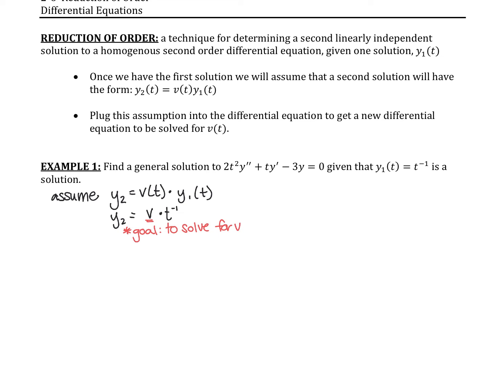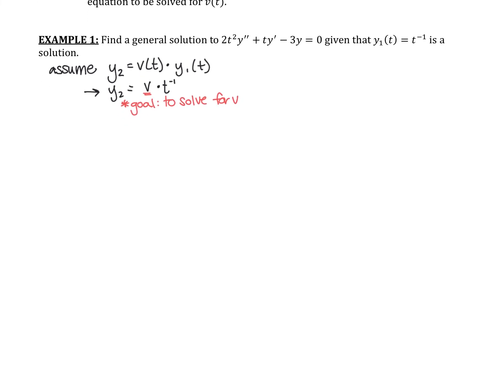Okay. So in order to do this, the next thing I'm going to do is take this solution here, this y sub 2, and work so that I can plug it into my differential equation. In order to plug it into my differential equation, I'm going to take all of my derivatives. I'm just going to go with y now; we're going to assume everything we're working with here is y sub 2.